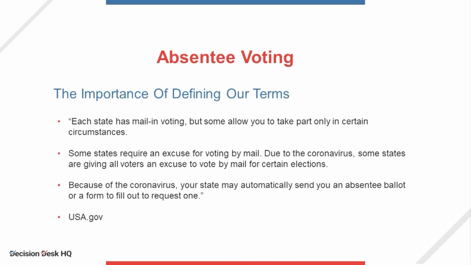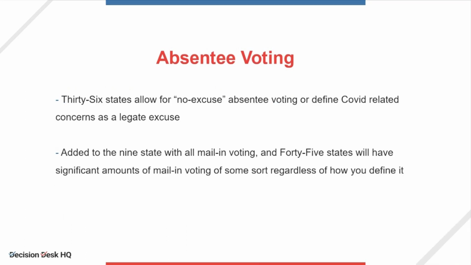Now, in the rest of the states, there's something called absentee voting. And again, that just simply means the voters are getting an application from the election officials, sending it back, getting a ballot from those election officials, and then the voters themselves have to return it by whatever deadline their state has, either by mail or dropping it off at some sort of designated spot. Currently, 36 states allow either no-excuse absentee voting, or COVID is an acceptable excuse to vote via absentee ballot.